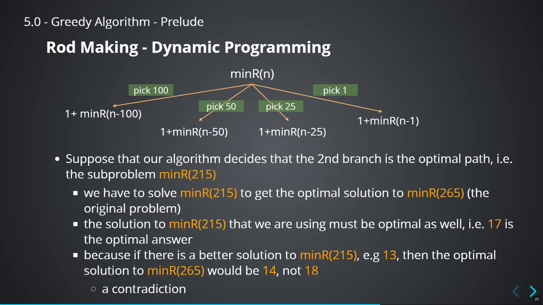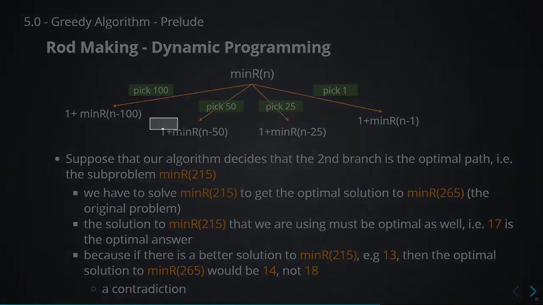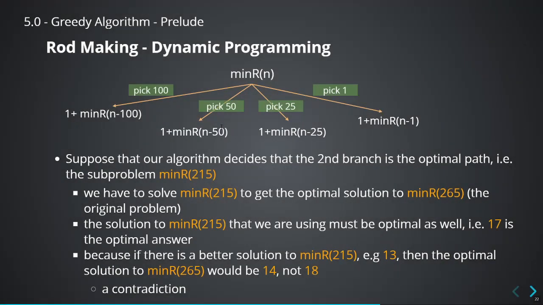Now, I'm going to claim that the solution that I get from min R of 15 is also optimal. Because the optimal solution is 18, so min R of 15 needs to give me 17, and 17 must be the optimal answer to min R of 15.